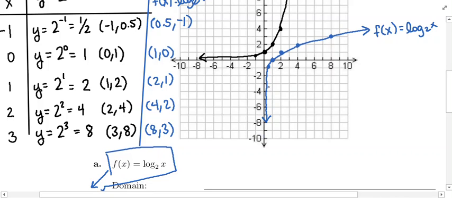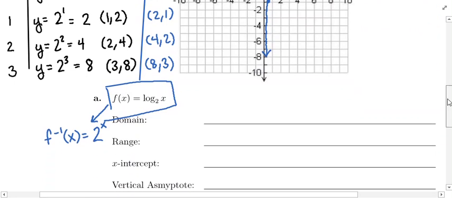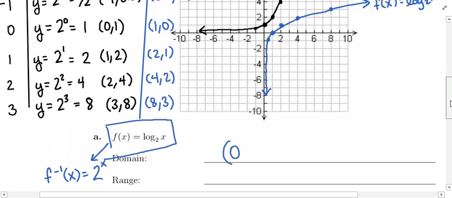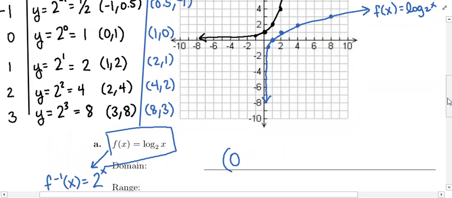Essentially the leftmost x value on this graph is x equals 0, but we never cross or touch it. So we're going to write down 0, but we're not going to include it. As soon as you cross over x equals 0, your graph starts. You can have an x value of like 0.000001.